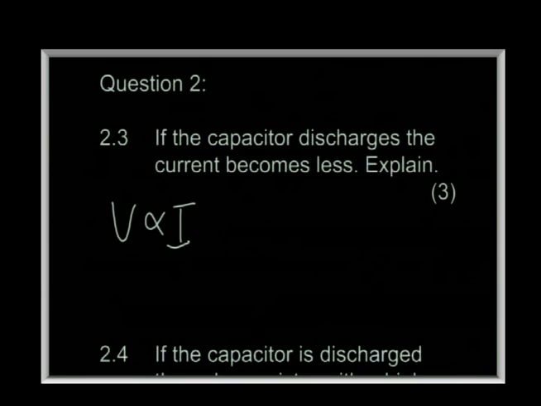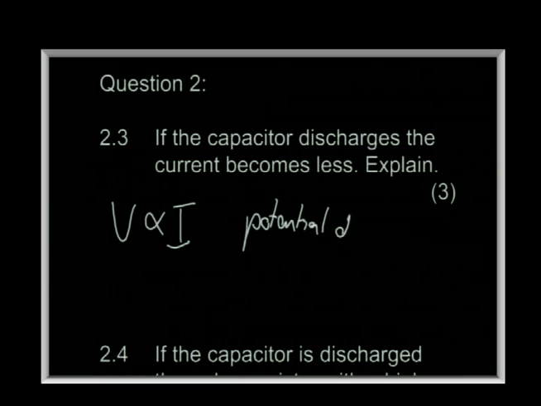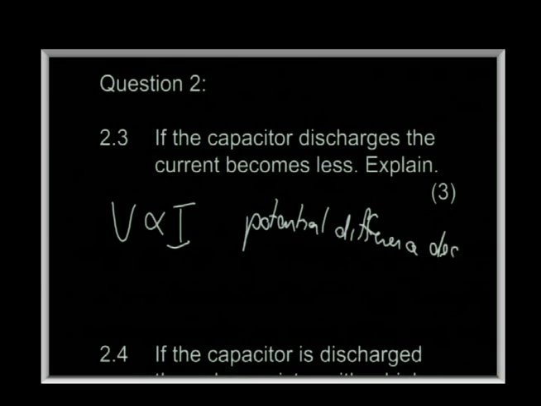So what's happening to the potential difference when it's discharging? Well, discharging means there's a movement of charge, yes, and it means that it's becoming less. The potential difference is less. We showed that on the graphs. So potential difference decreases during discharging, and so does, therefore, current.